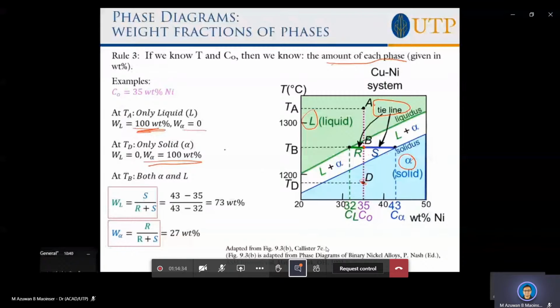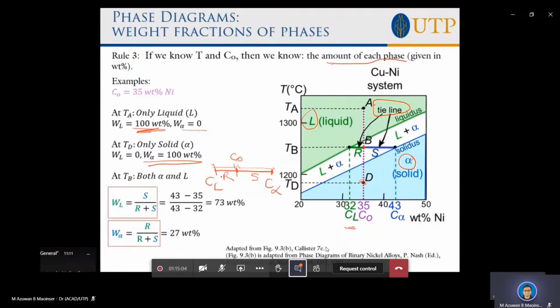On the left, that would be Cl, composition of the liquid. This is composition of the solid, and I am here. This is my C0. They label it as R over here and then S over here. That is just the length of the line here and here.